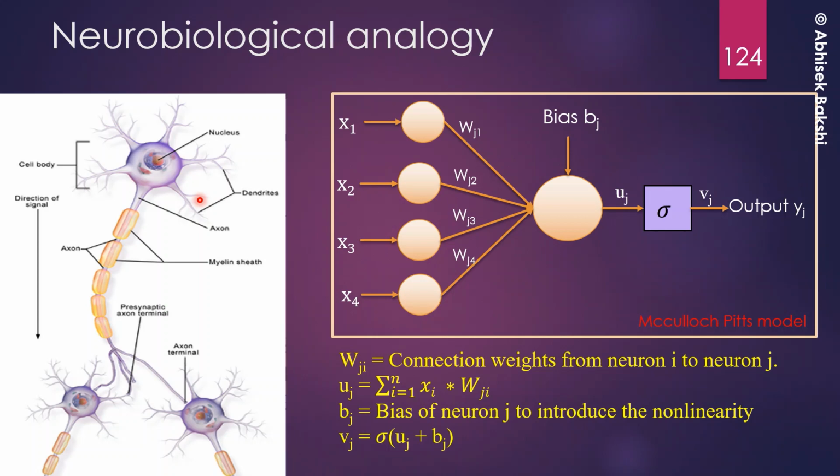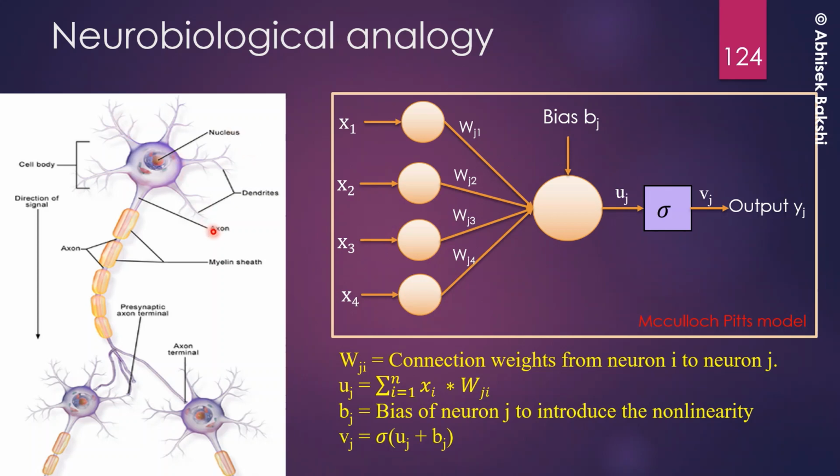Now definitely, depending upon the task that you are going through, all these inputs that are accepted by these dendrites may not be important. Maybe the inputs from this dendrite and this dendrite are important, but others are not.